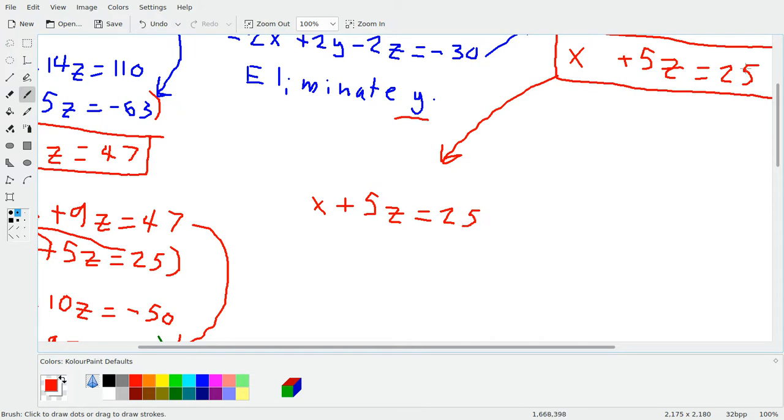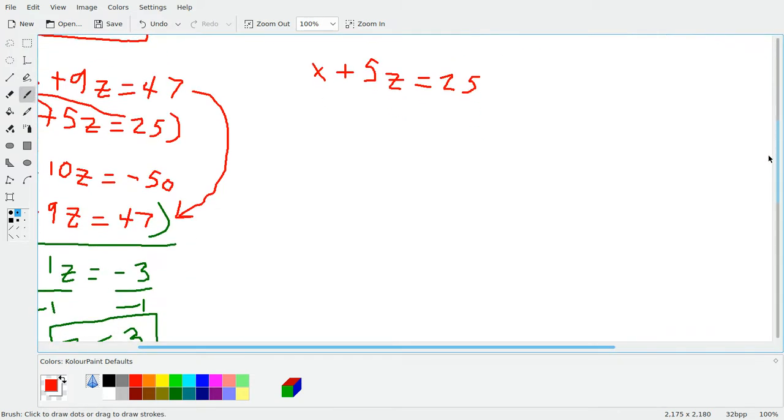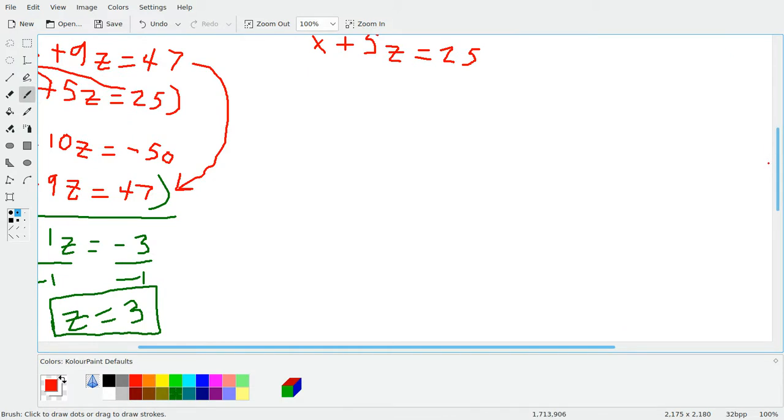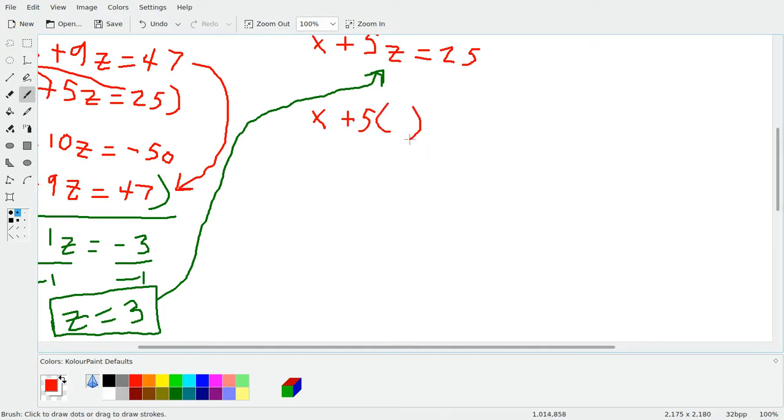And since we just found that z is equal to 3, I'm going to stick that 3 in for z, leaving us with x plus 5 times 3 equals 25, which means we have x plus 15 equals 25. So x is equal to 10.